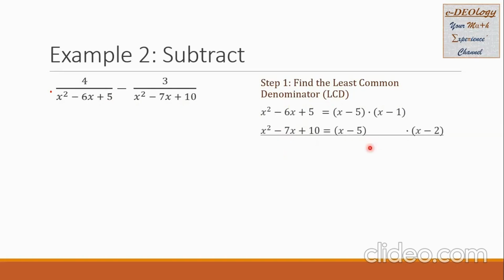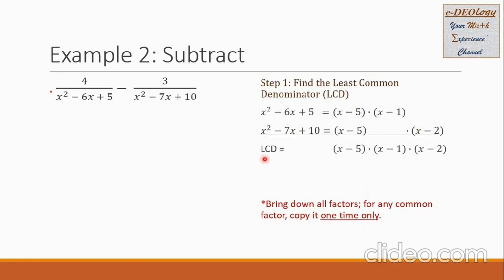Let us rearrange our factors so that the common factor will be in a column. And then we're going to bring down all the factors. For any common factor, copy it one time only.